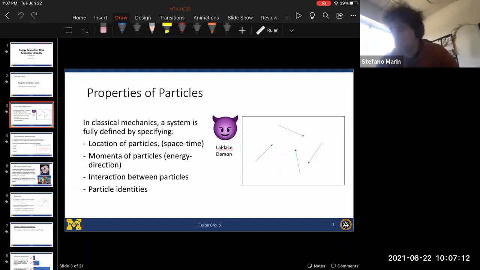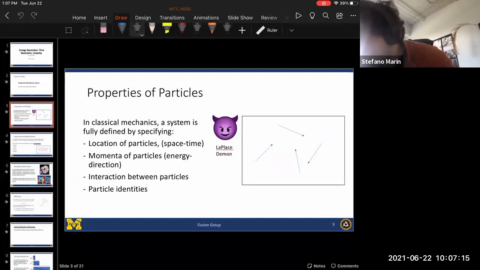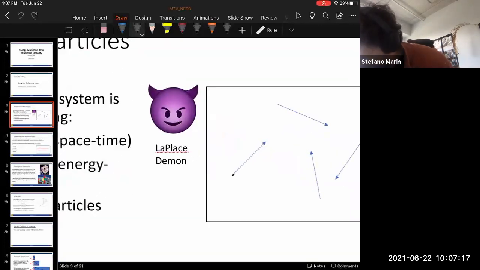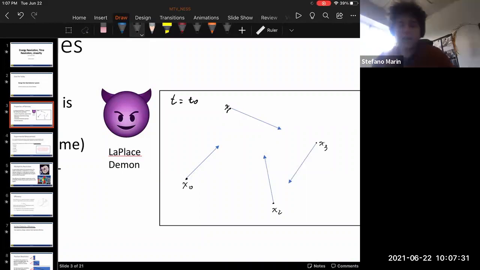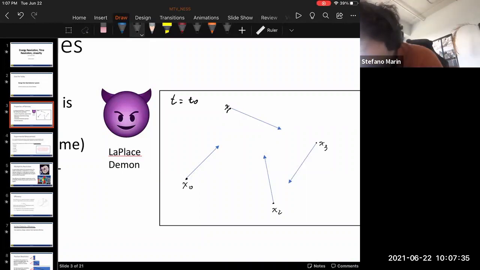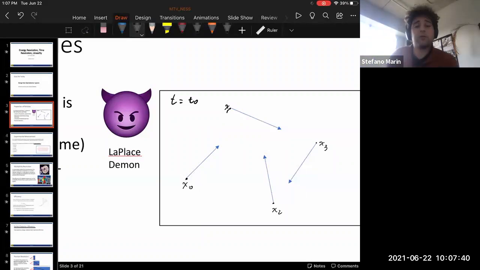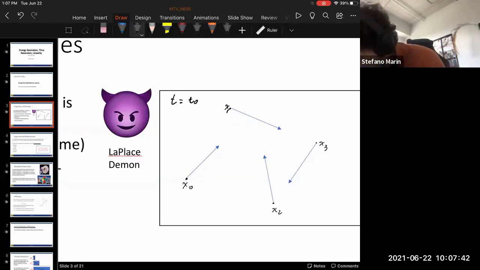You can imagine this as the origin of all of these arrows. You take a snapshot of the universe at some t equals t0, and you figure out the position of every particle in the universe. This would not be enough to figure out the states at a different time. What you need to know on top of that is the momenta vectors, these arrows here: where is the particle going to move in the next instant? That is your momenta vector right there.